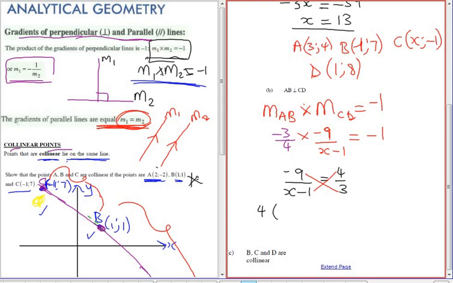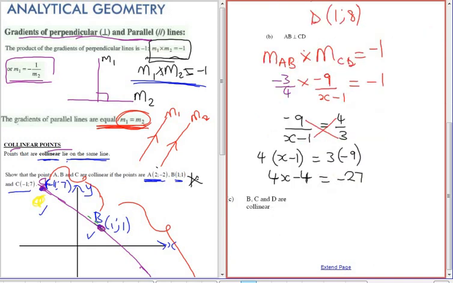So let's go ahead and do that. So 3 should multiply with negative 9. So let's write that down. Let's simplify it. Should be negative 27. As you can see now, at this point, you can just take 4 to the other side, and you'll realize that when you say plus 4 there, you'll get negative 23.